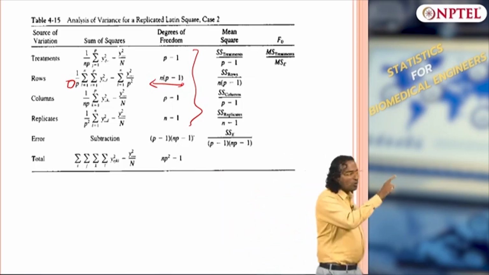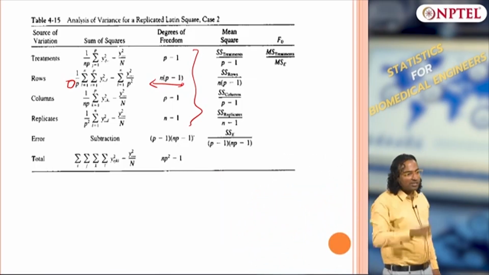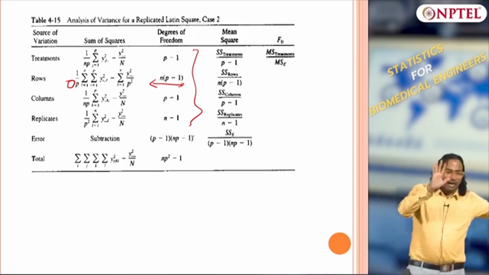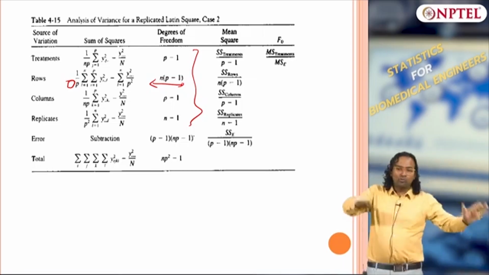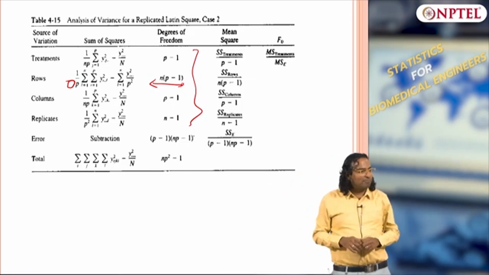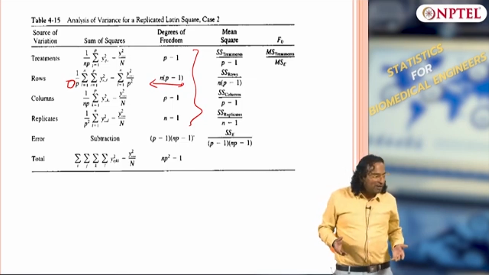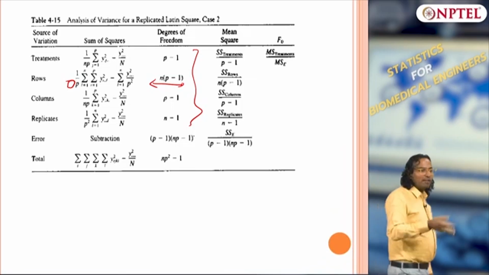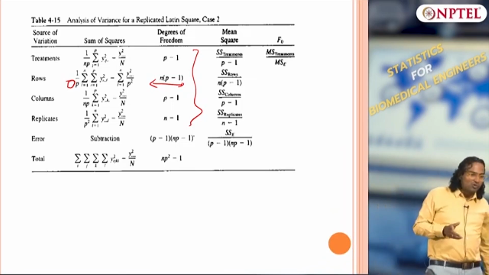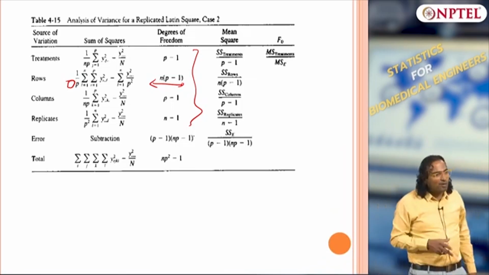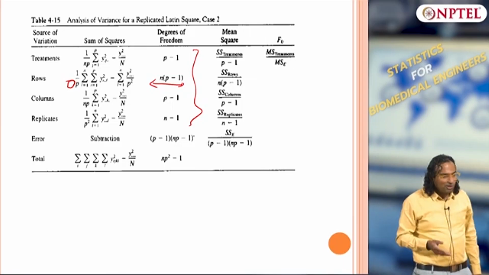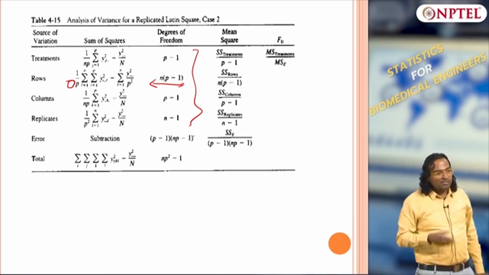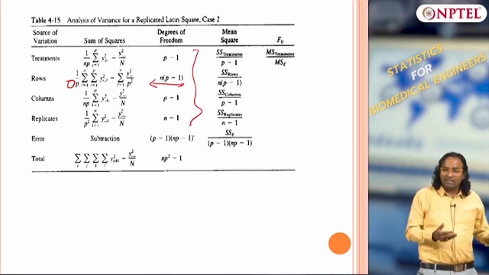See, I have kept rows constant, columns constant, treatments constant, and I do this experiment once and then do the same experiment a second time, then it is an exact replica. Now what can I do? For whatever reasons I do not have control over rows, I have control only over columns and treatments. You are doing human experiments, suppose one person leaves. You wanted to replicate the experiment but that person has left.